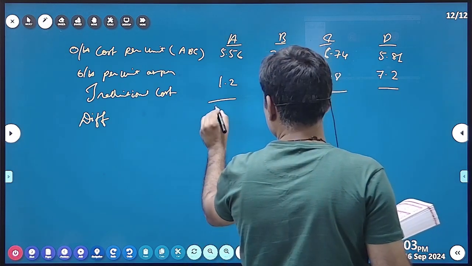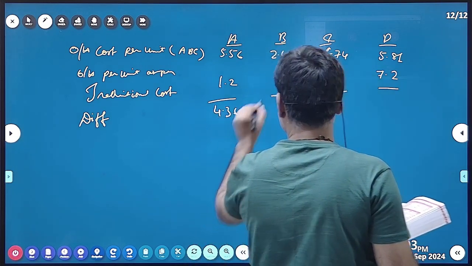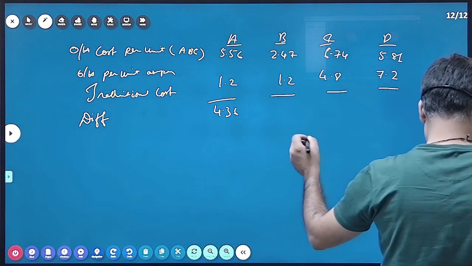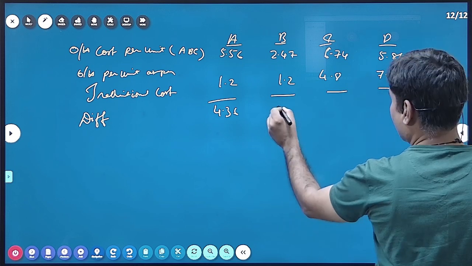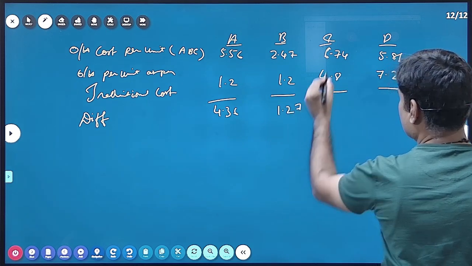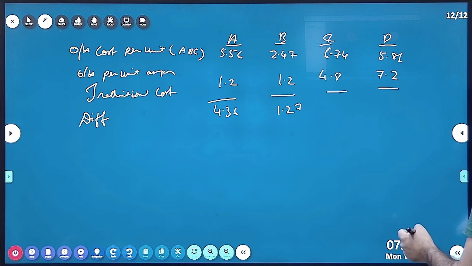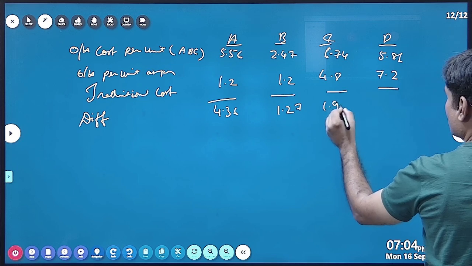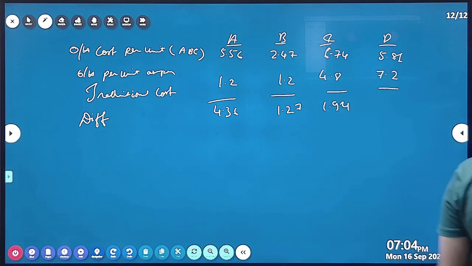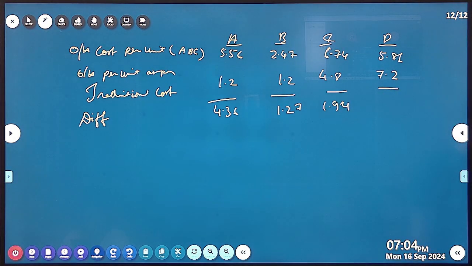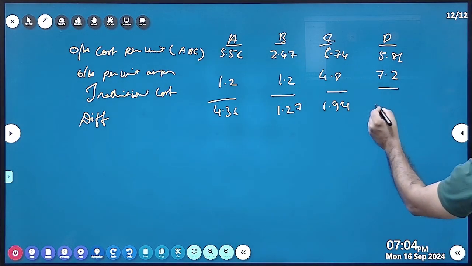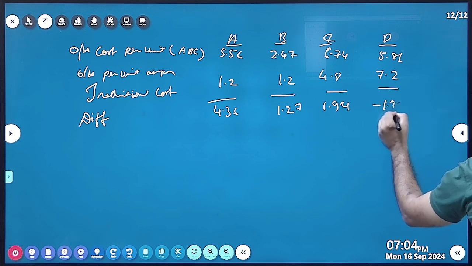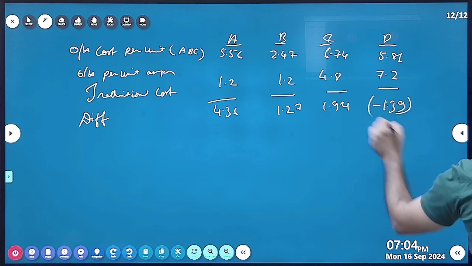How much? 4.36, 2.47 by 1.2, how much? This one 6.74. This one 5.81. $1.39, right?